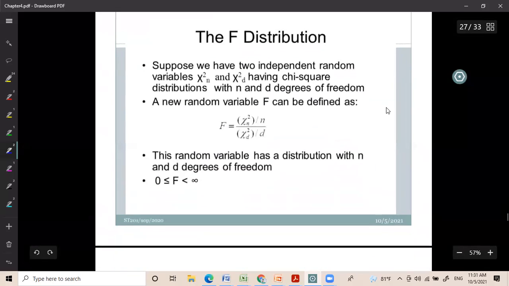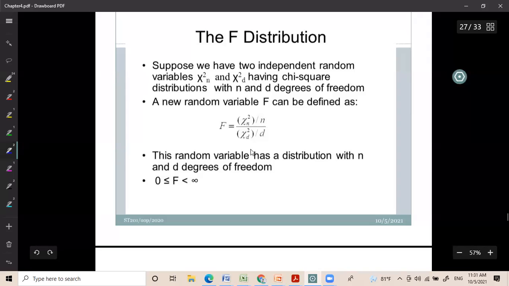And the last one is the F distribution. The F distribution was derived using two chi-square densities. You have two independent chi-square distributions, one with n degrees of freedom, the other one with d degrees of freedom. So n and d denote the numerator and the denominator.